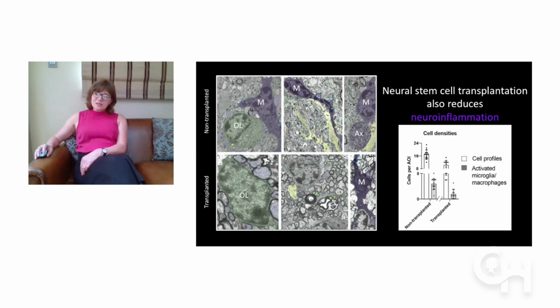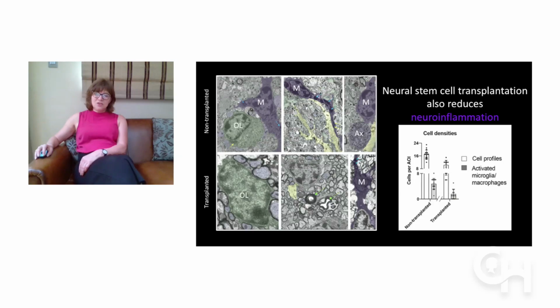So we examined the tissue of the non-transplanted and the transplanted animals and quantified numbers of macrophages, and we found that there was a significant reduction in the number of these cells in the transplanted animals, really indicating that cell transplantation of neural stem cells not only restores normal healthy myelin, but also reduces neuroinflammation.